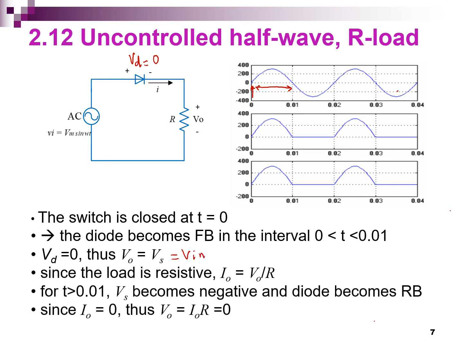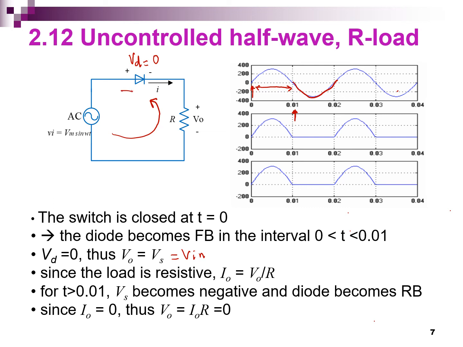Next, at t equal to 0.01, V in becomes negative, so the diode becomes reverse biased and acts as an open circuit.